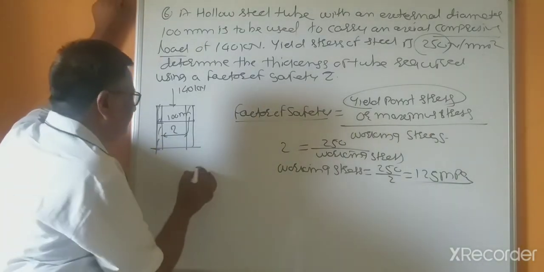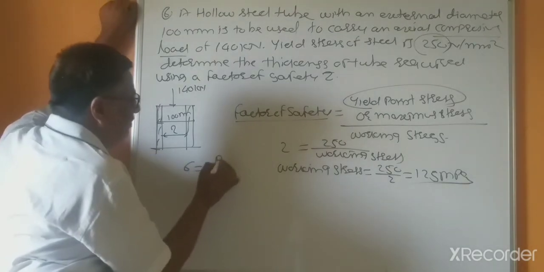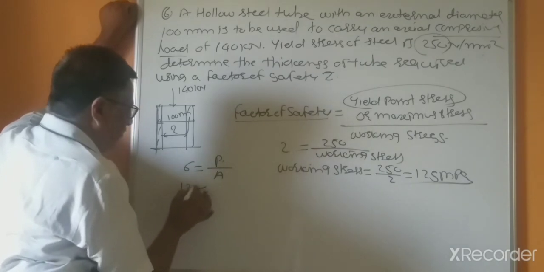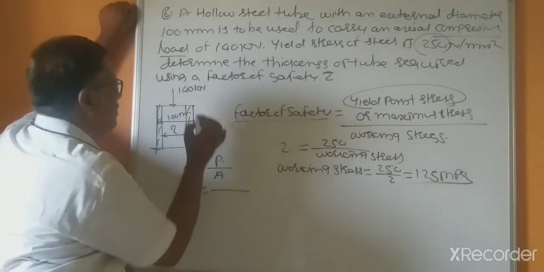So stress equals P divided by area. The working stress is 125, and P is 140.